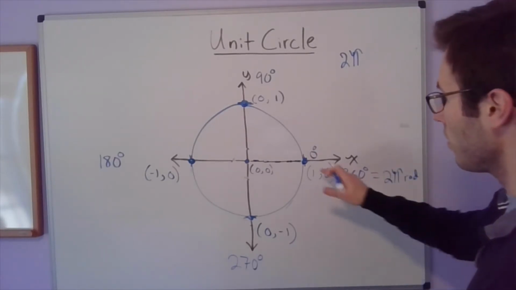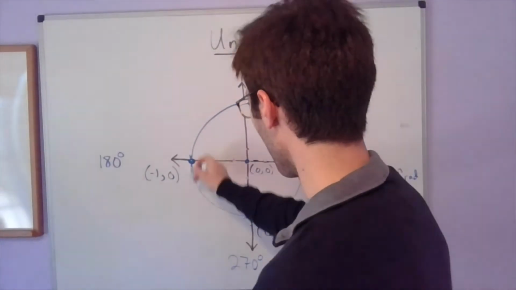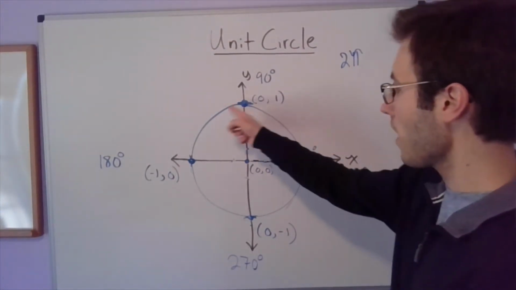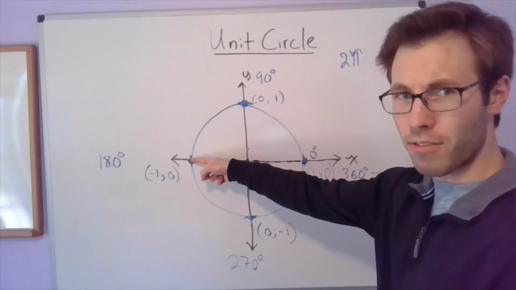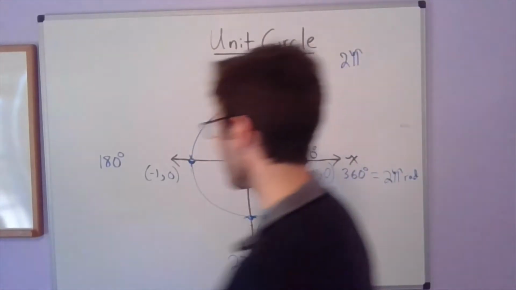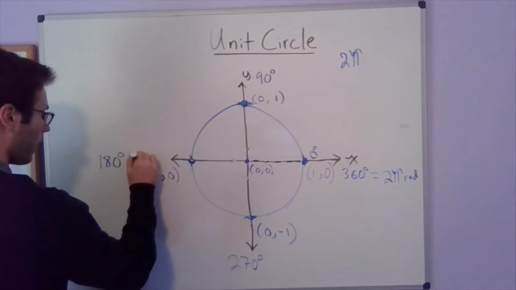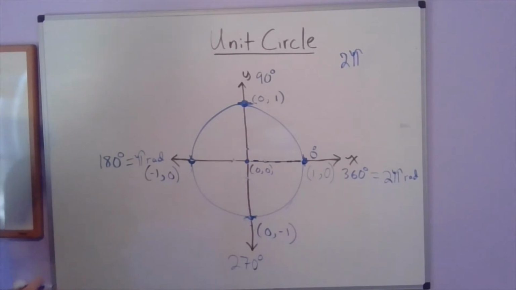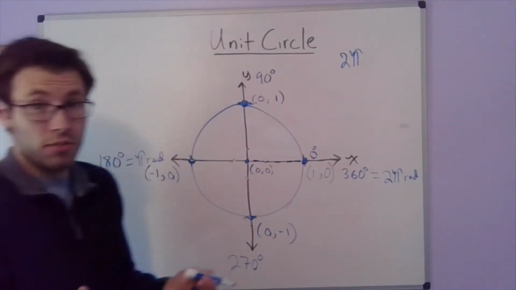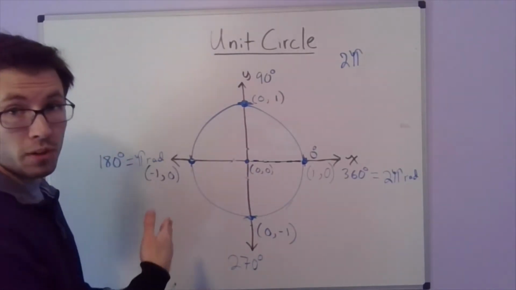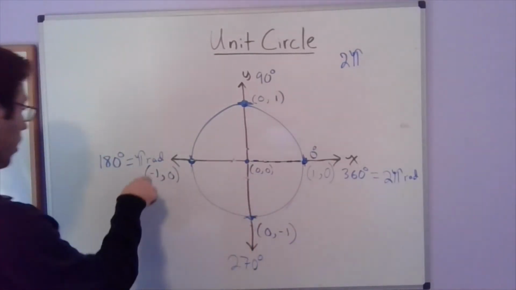Since the length all the way around our circle would be 2 pi, the upper half of our circle would be half of 2 pi. So 2 pi divided by 2 would be pi. So instead of writing 180 degrees, that would be pi radians. A lot of people just define it this way: 180 degrees is equal to pi radians.